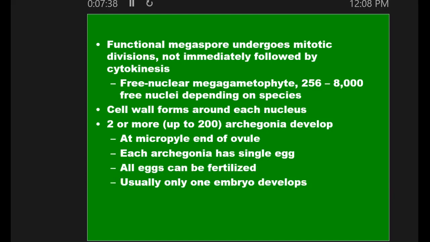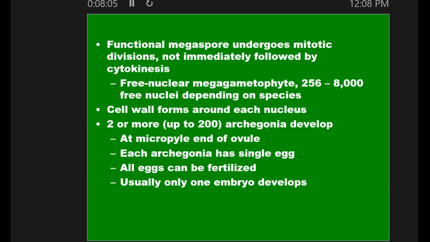And so they see that pretty much all the eggs are capable of being fertilized, but it usually works out that even if they're all fertilized, only one will really make it, and the other three will arrest pretty early in development and kind of die off. And so again, it's usually only one embryo develops in that megagametophyte.